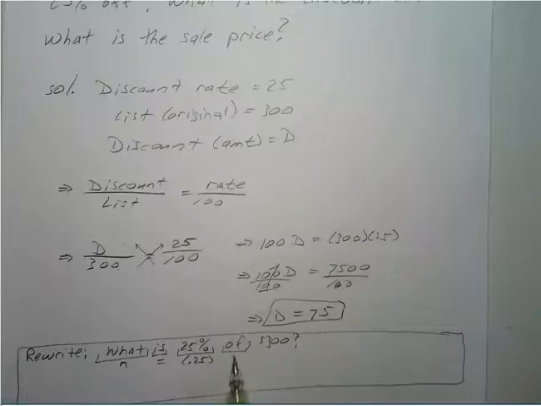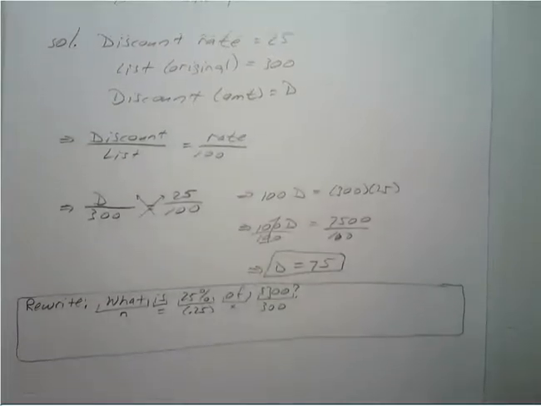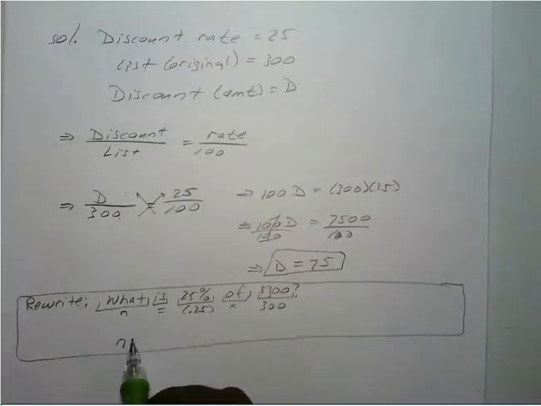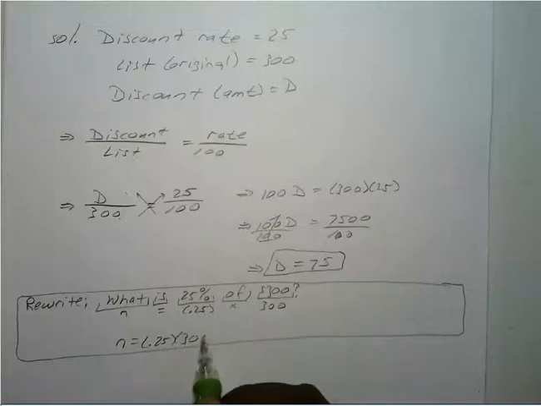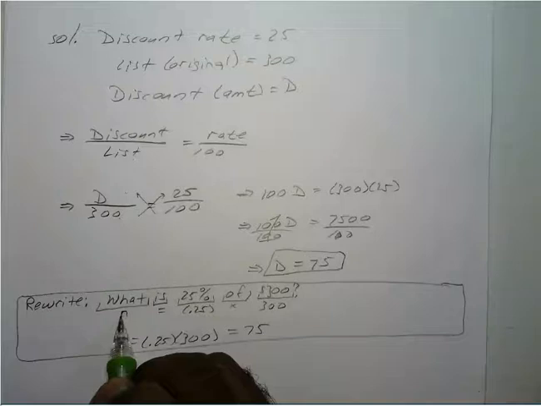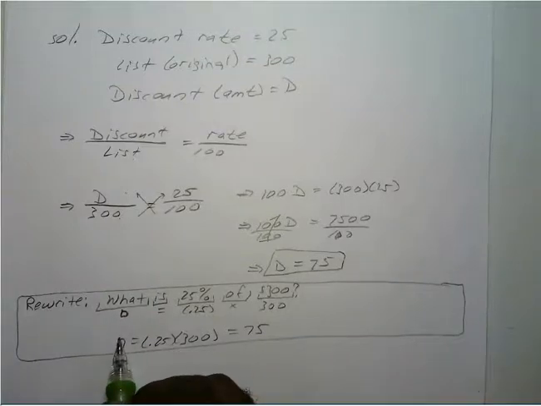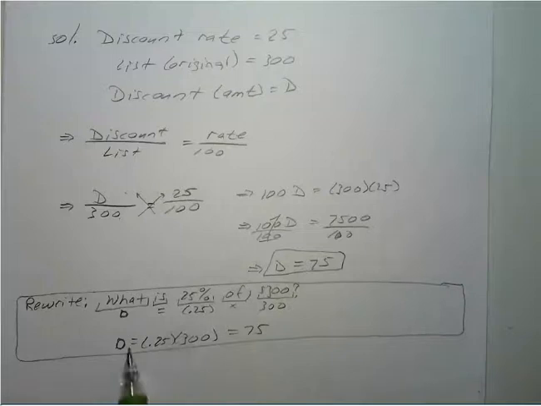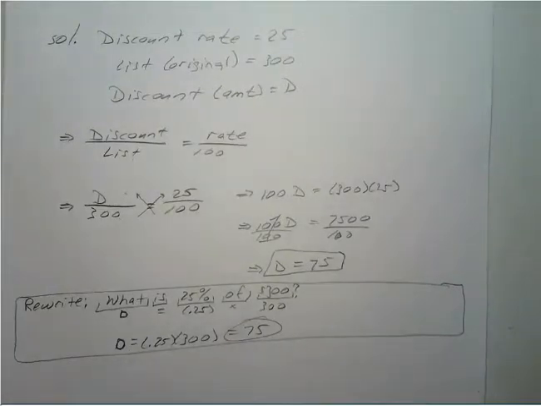Of is just multiplication, and $300 is just 300. So this becomes n equals 0.25 times 300. Actually, you should just make that D to match up the variables, but you could have left it as n. So D would equal 75. Either method would work. So we have our discount amount.